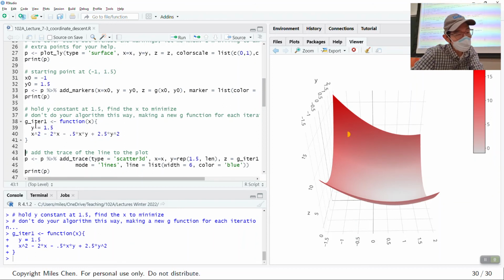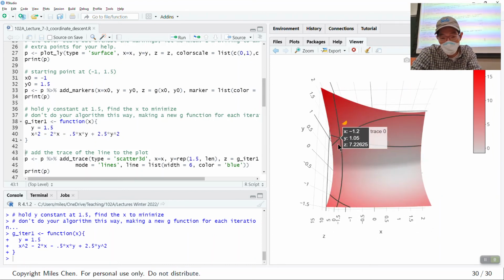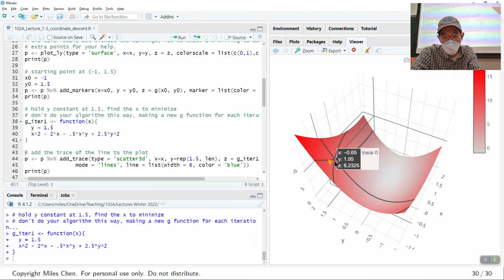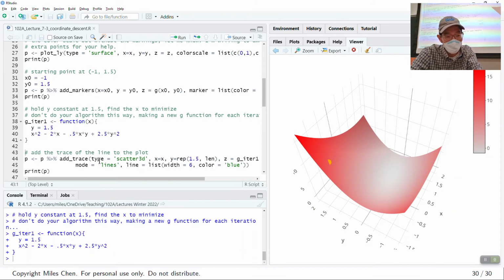I'm going to call this function g at iteration 1. Now again, when you do this, you don't want to create new functions every single time. You want to think of a way where you do create a new function, but you don't have to rename it every single time. So I'm going to hold y constant at 1.5, and I'm going to add a trace of that line here.